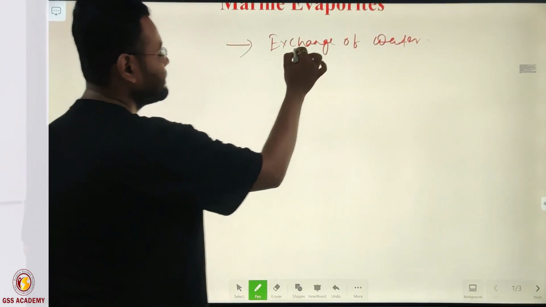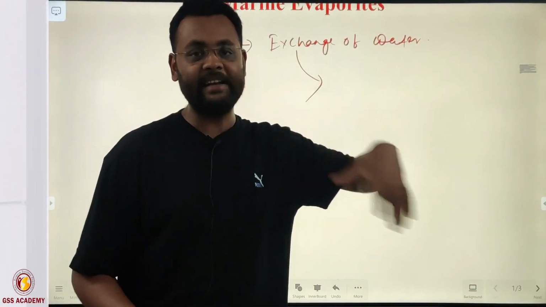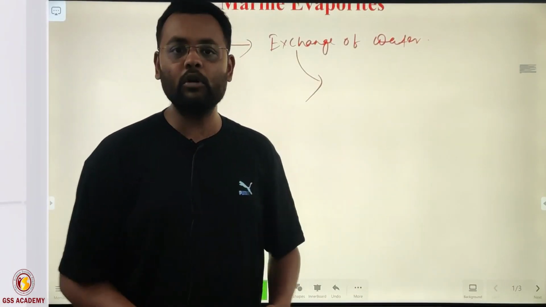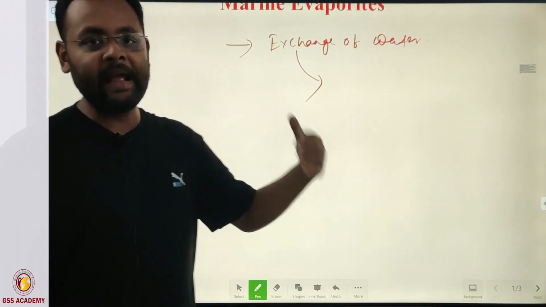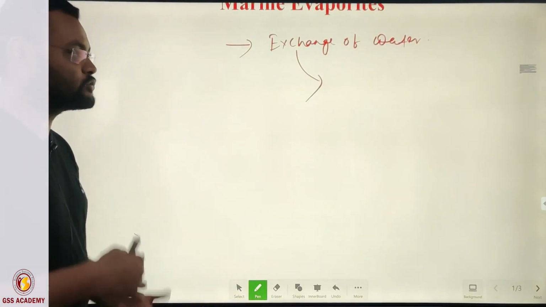This is required because as we have seen, if there will be a slight exchange of the water, then more and more amount of water will be evaporated and a thick layer of evaporites will deposit.